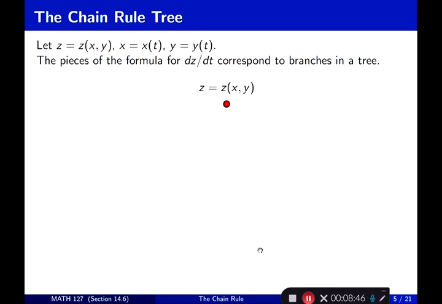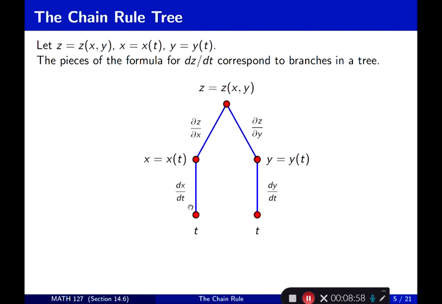So you start from z. Then z is a function of two variables, x and y, and x and y are both functions of t. So you go from z to the inputs of z, and then from the inputs of z to their own inputs, and then you will have this branch and that branch.